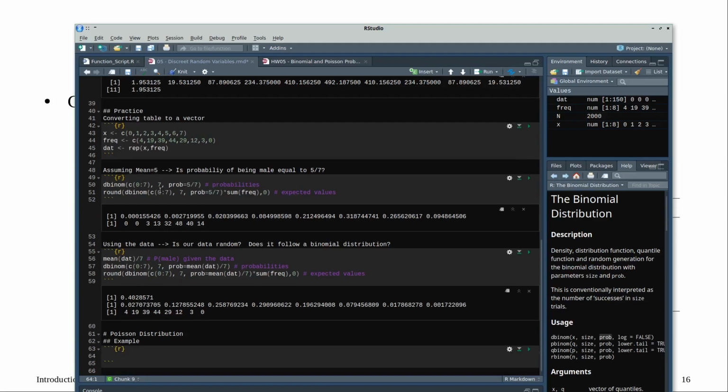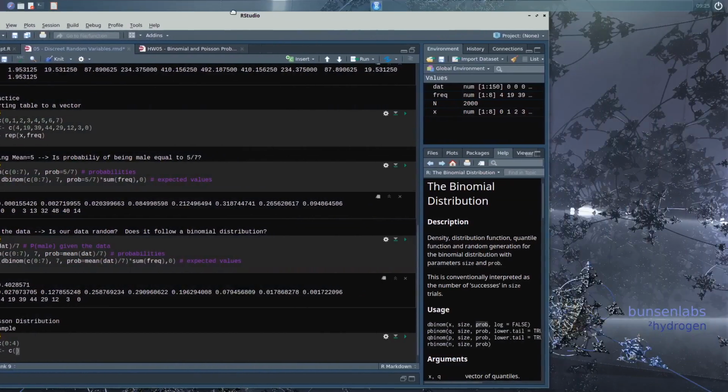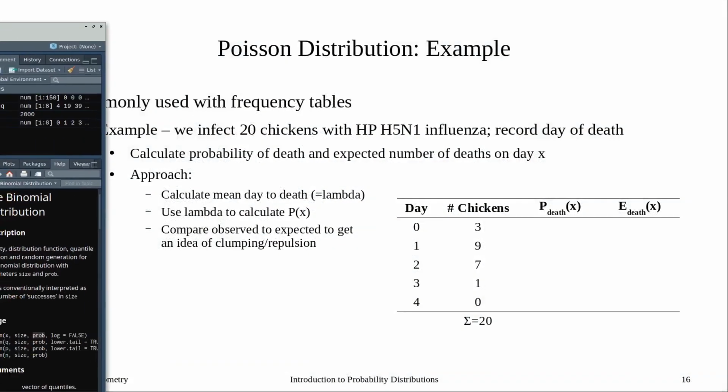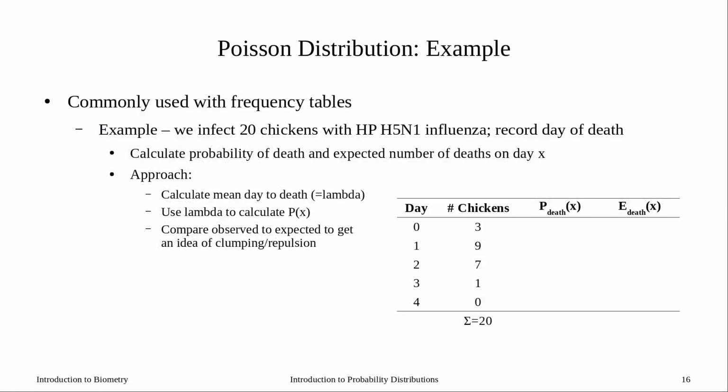So first up, we are going to convert our frequency table to a vector. So I got my X frequencies. I'm going to move this off the screen as I enter in my numbers.